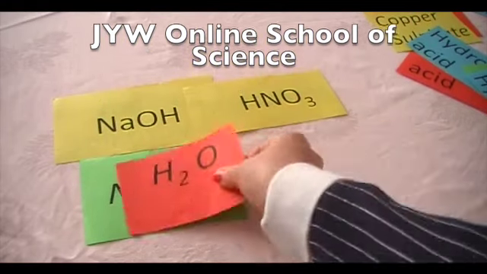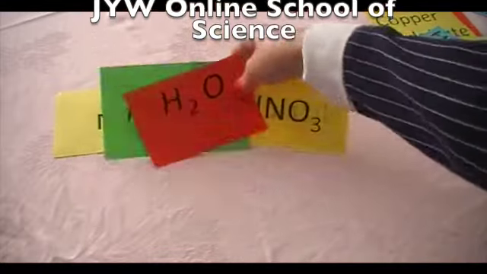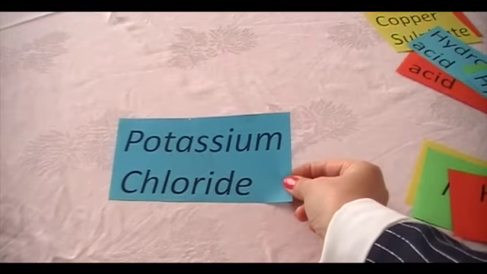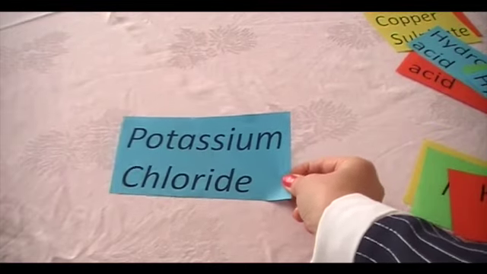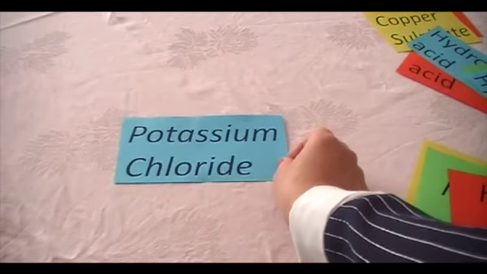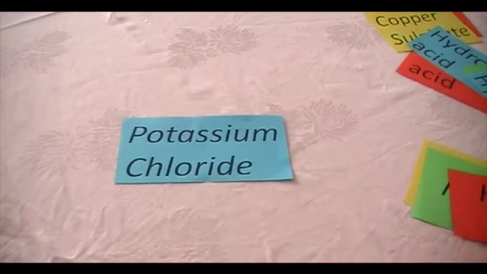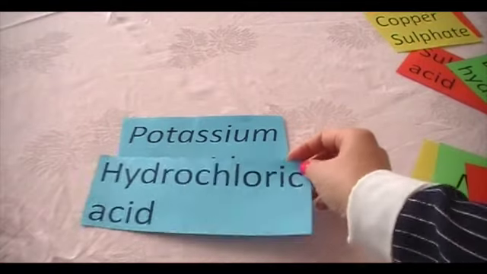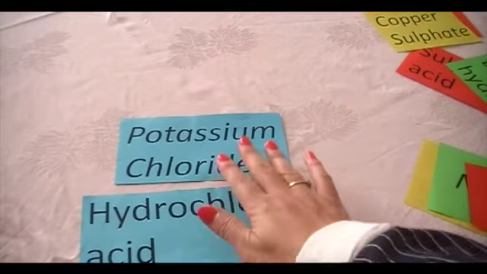Let's try one more time. Your task is to produce potassium chloride. Now, what acid do you need? The acid I would choose is hydrochloric acid. Why?